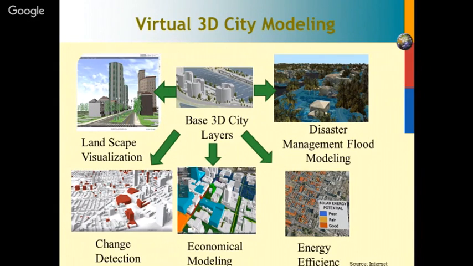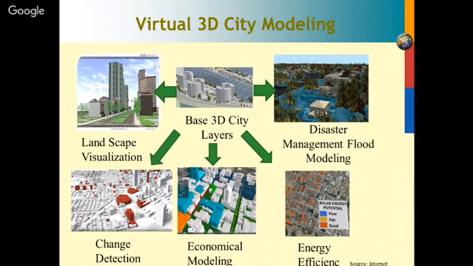Based on those, we can do a simulation and provide the expected energy efficiency of each of those buildings. So in such cases, we see that virtual 3D models have a variety of applications, and these are just a few of them.